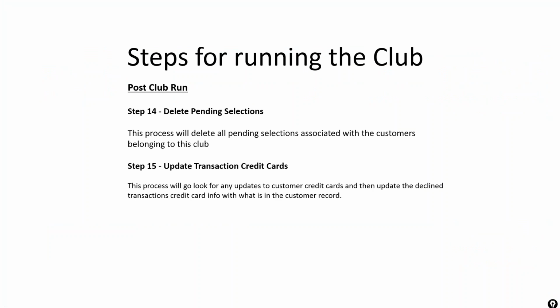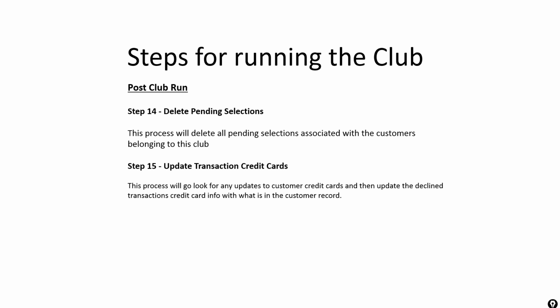The last step is updating the credit cards. For all those that were declined, this allows you to move any activity onto the transaction so that you can redo the credit card charging. The customers will change it online on the website. They might call in.